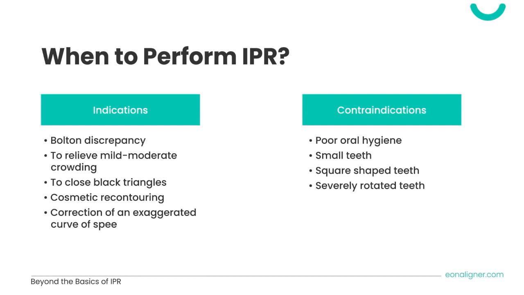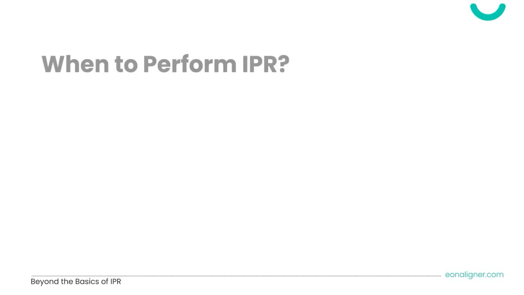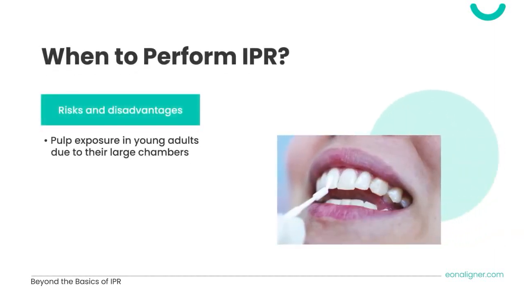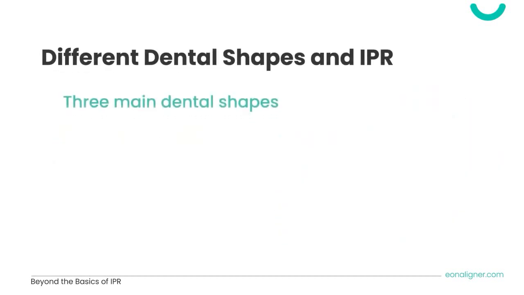For these teeth, you need to wait until you have a proper contact point to perform IPR. Some of IPR's risks are pulp exposure in young adults due to their large pulp chambers, sensitivity that can be avoided by applying fluoride after the procedure, and excessive space caused by overstripping.